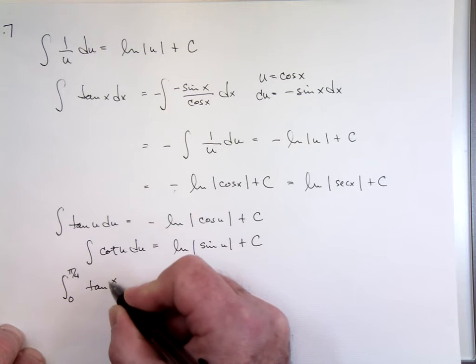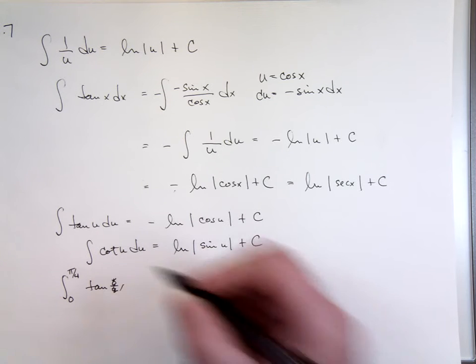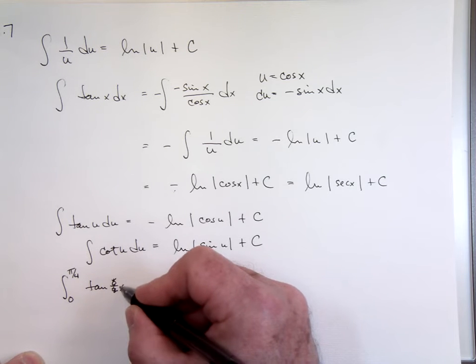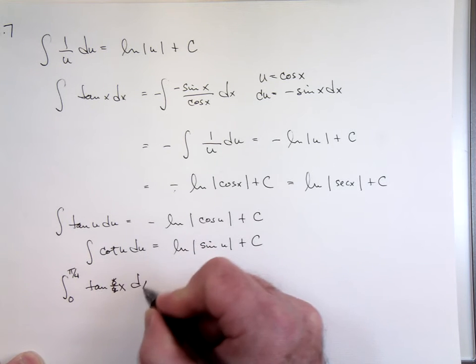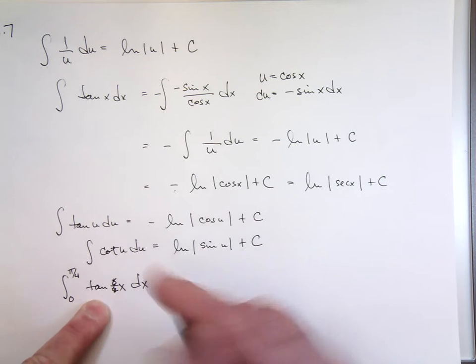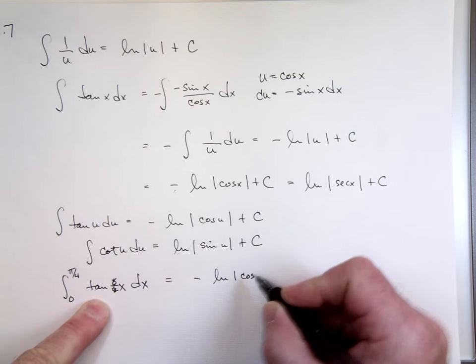No, we don't know that. Oh, rats. Okay, I want to do one that's tangent x dx. Let's just do it. All right, the integral of tangent, negative natural log cosine, 0 to pi over 4.